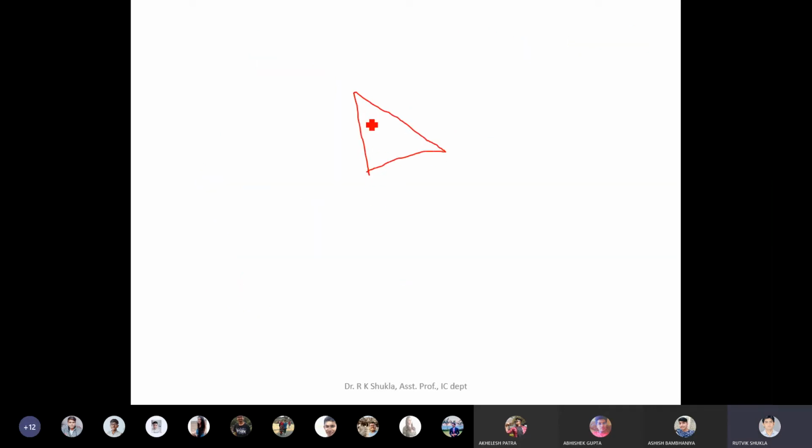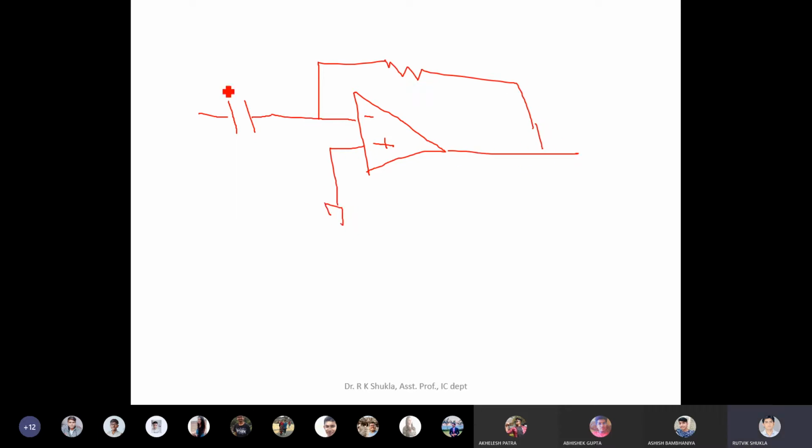Minus will be like this, plus will be like this. Suppose this is one of the filters, just for understanding, C and R. Now this is an analog filter because all the components are analog. These three components are analog.